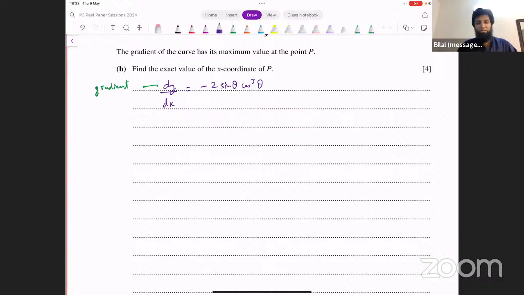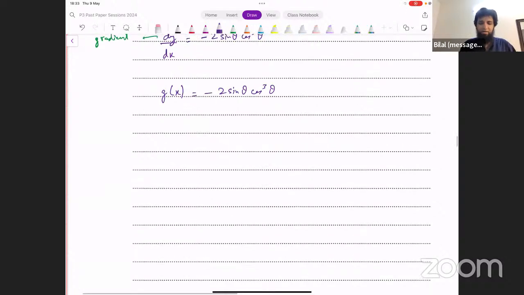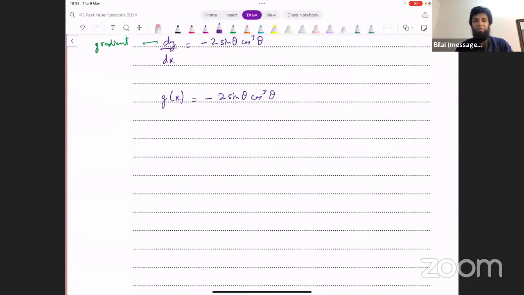What you would do is, you would say, let's call this a new function, minus 2 sine theta into cos cube theta. You would say this is your gradient function, right? Dy over dx represents the gradient of that original curve. So we would say g is the gradient function.